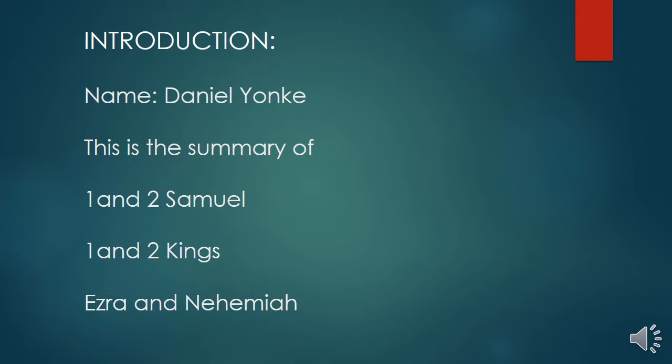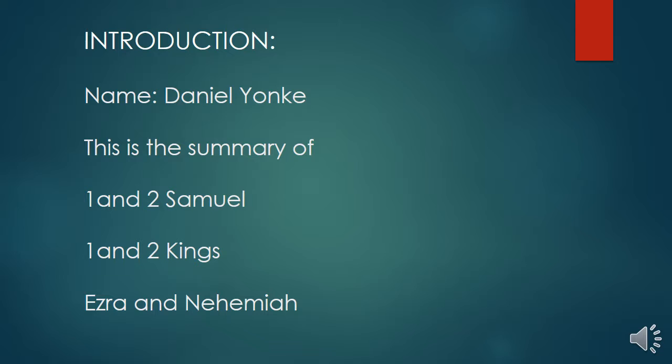This is the week 5 presentation for the summary of a couple of the Old Testament books. We have 1st and 2nd Samuel today, 1st and 2nd Kings, the book of Ezra, and the book of Nehemiah.